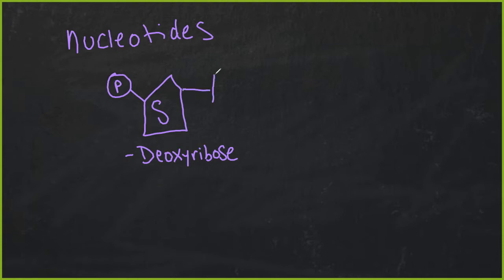And then what's going to be attached to that is a nitrogenous base. It's called that because it has nitrogen atoms as a part of it. So this is our base. And underneath here, I'm going to write out our 4 different options.